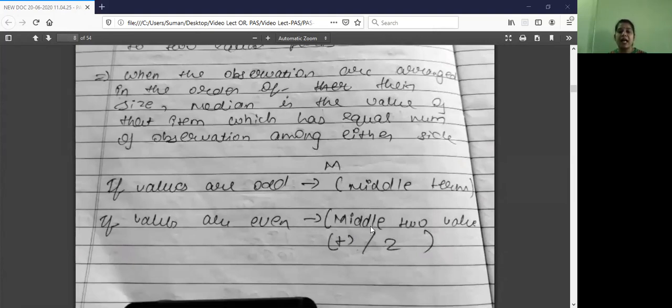But in case we have 1, 2, 3, 4, 5, 6, we have two middle terms, 3 and 4. So for this type of question, we add these two middle values and divide by 2. I will continue this method in our next session.